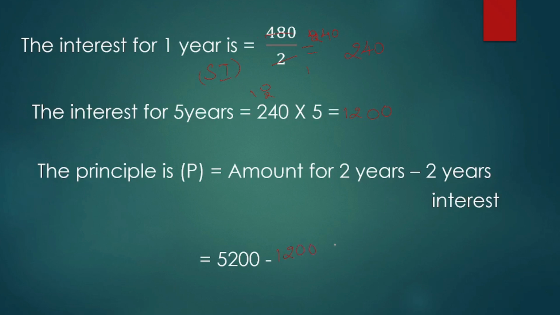So 0, 0, 2 minus 2, 0, and 5 minus 1, 4000. So the principal amount here is 4000.